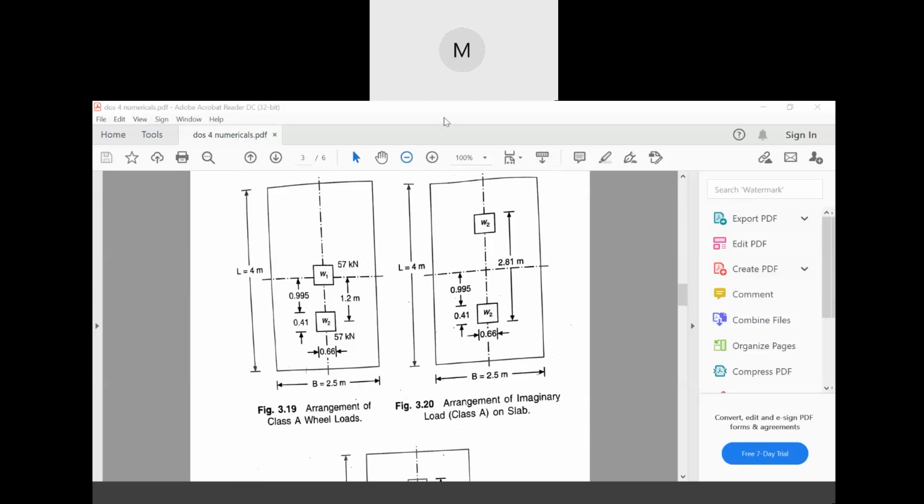So here is the diagram. Just have a look at it. 3.19 for the first case.